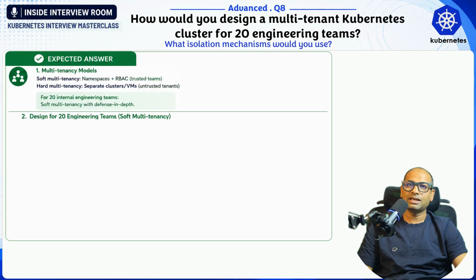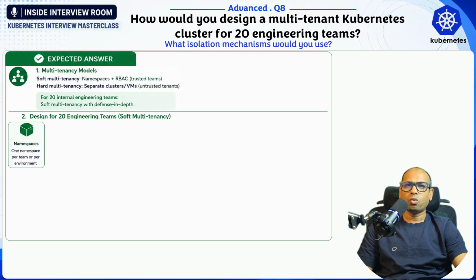For 20 internal engineering teams, the answer is soft multi-tenancy with defense in depth. One cluster, many layers of isolation. Naming the model choice upfront is what a senior does. Then lay out the layers.